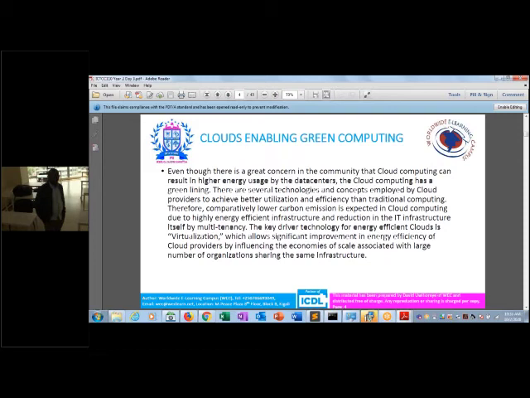So the purpose of green cloud computing is to reduce the CO2 emitted by those data centers, those cloud machines, and to reduce the amount of energy consumed by these machines. So in cloud computing, due to highly energy efficient infrastructure and reduction in the IT infrastructure except for maintenance, the key driver technology for energy efficient cloud is virtualization.